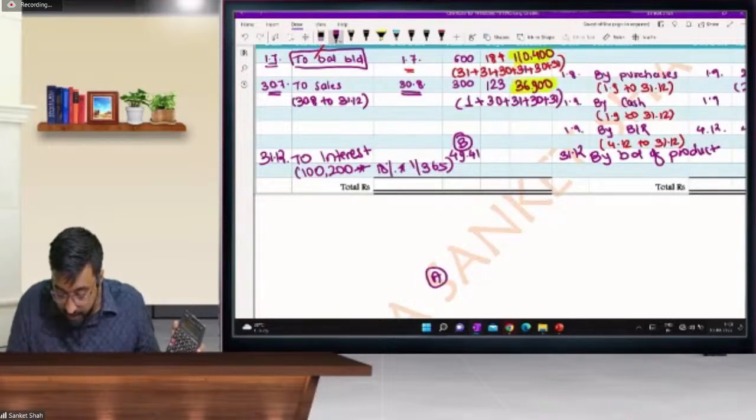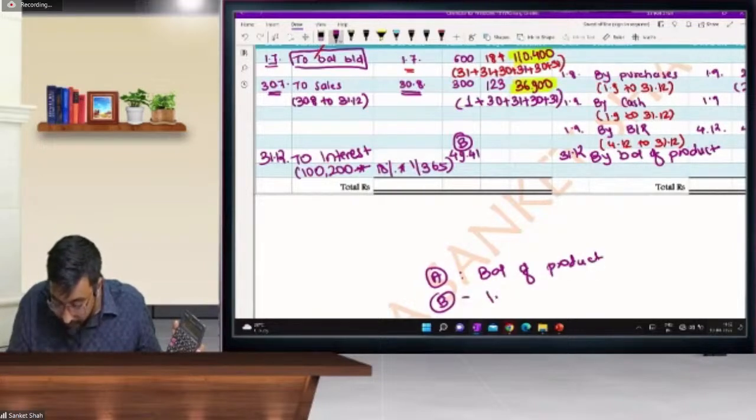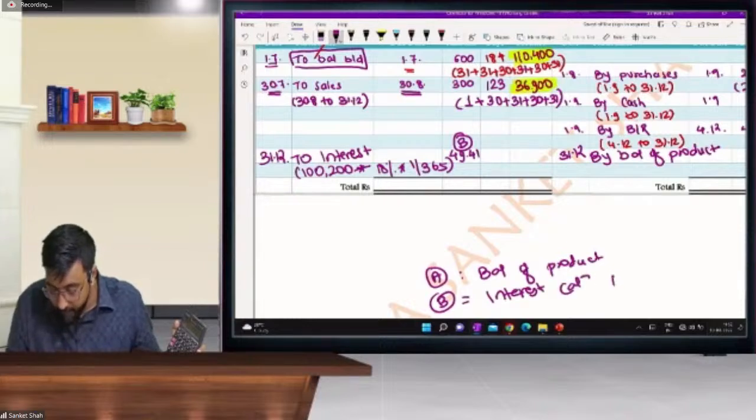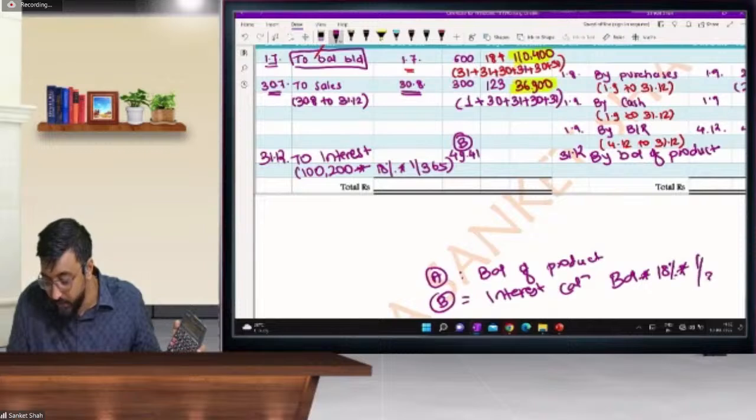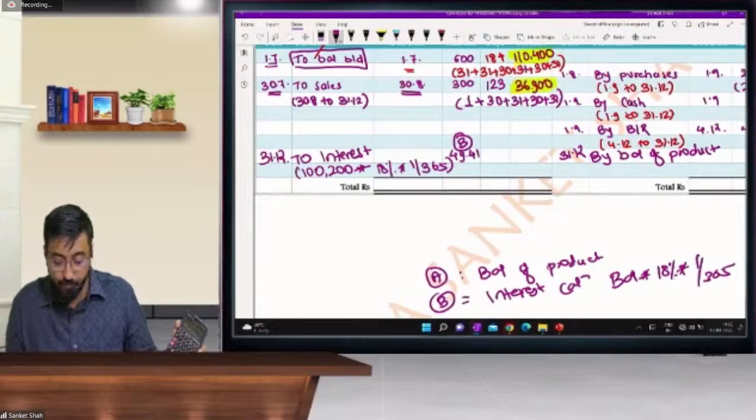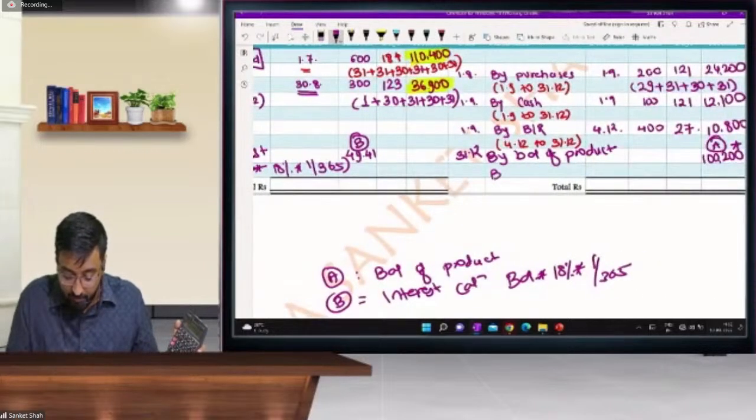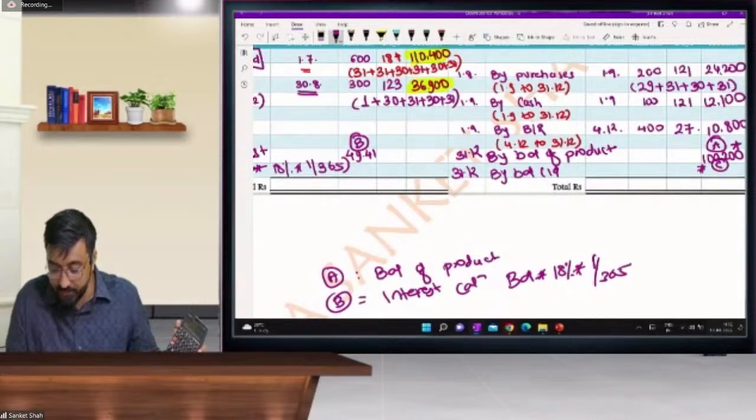So A is balance of product, B is interest calculation: balance into 18%, the interest rate, into 1 divided by 365. And the last one, balance carried down on C number.